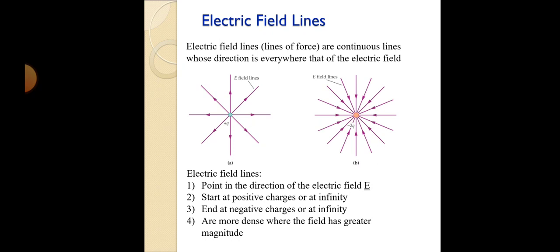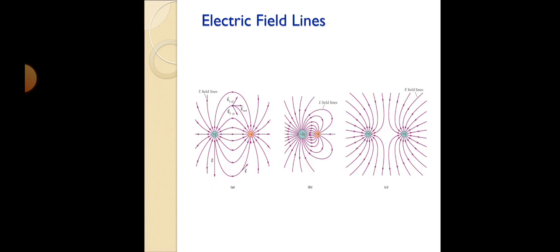Some characteristics are here. First, lines point in the direction of the electric field, starting at a positive charge and ending at a negative charge. These are some electric field lines characteristics. Here some electric field lines are given.